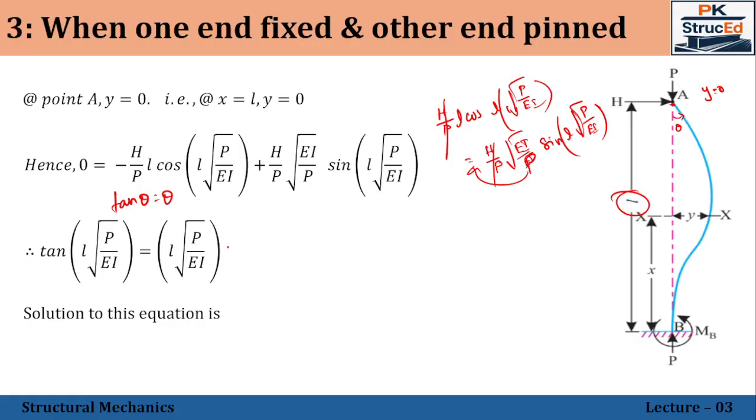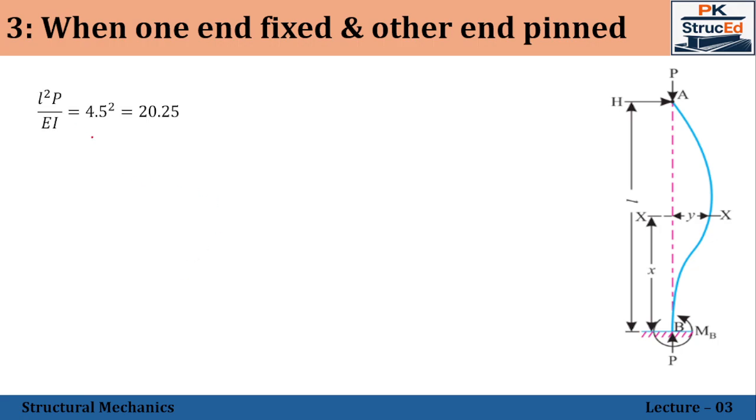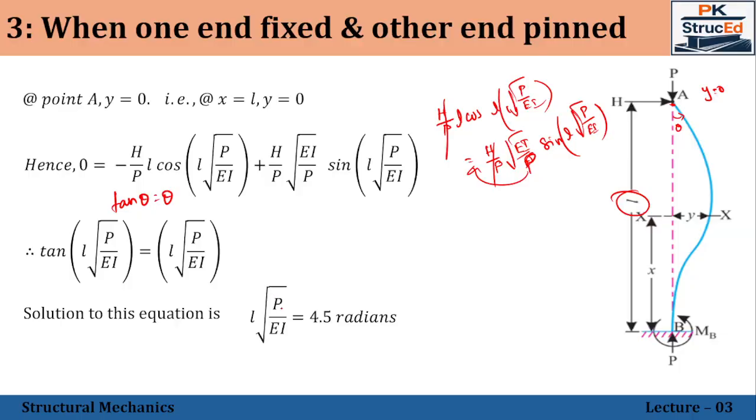So in this case, whatever is available within the theta will be equal to 4.5 radians, once we do the numerical calculation. So L root over P by EI will be equal to 4.5 radians. Taking square on both sides, we'll have L square P by EI equal to 4.5 square.